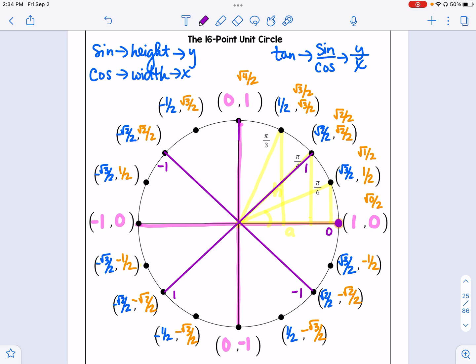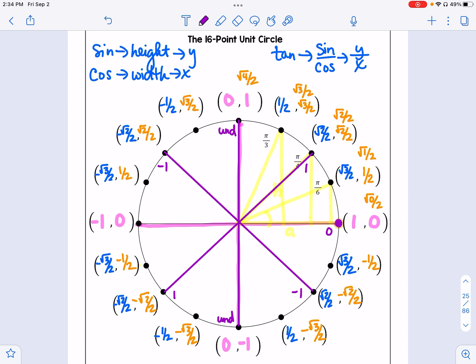And I know this vertical line, this y-axis going through the center, that slope is undefined. So it's undefined down here also. So that gets us a lot of our tangent.